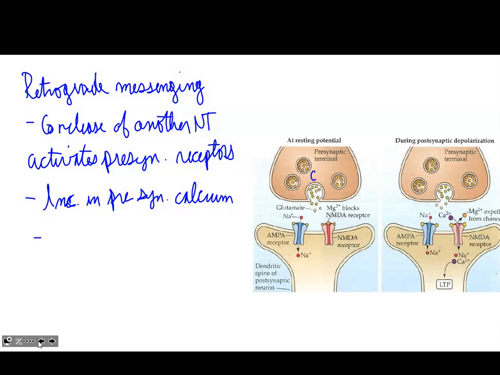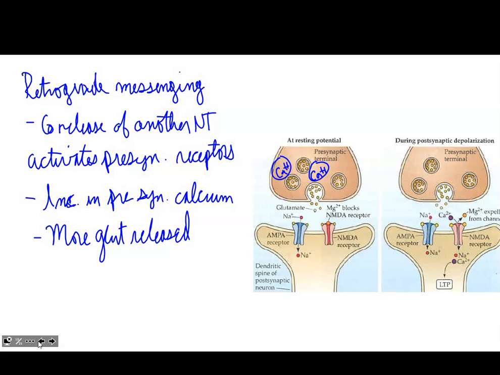So with more calcium here, when this presynaptic neuron is stimulated, calcium comes in, but there's already calcium present here. And so more calcium equals more glutamate released.